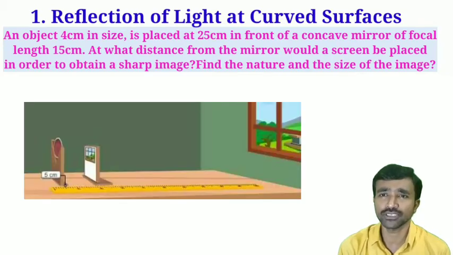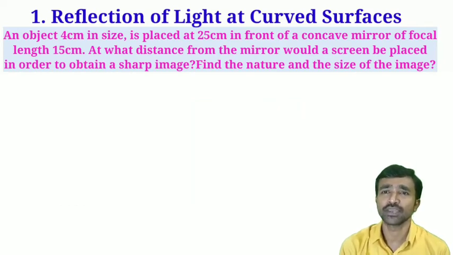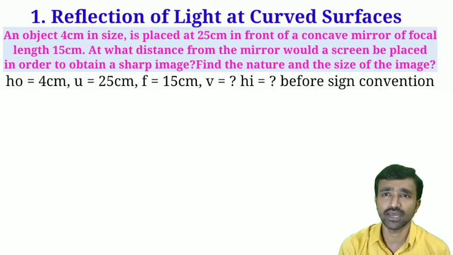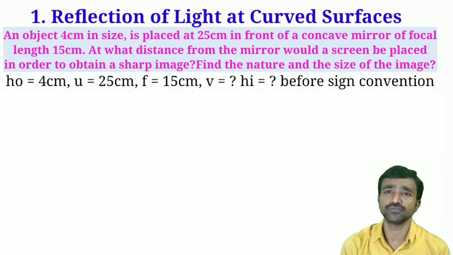Which type of image is it? Real image. So indirectly, the question gives the nature as a real image. Object distance is given as 25 centimeters and the focal length is 15 centimeters. Then we also have to say the size, that means the characteristics of the image.